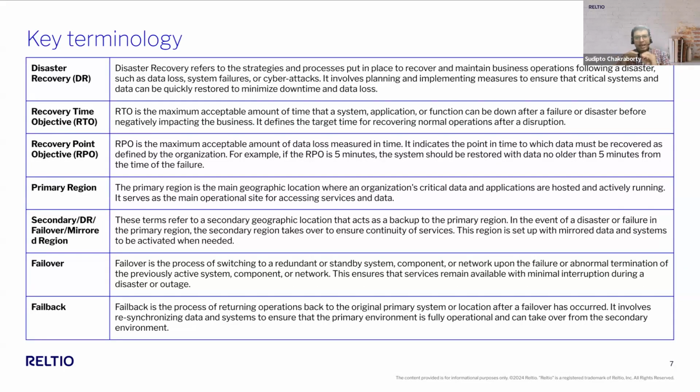Next is the RTO, or the recovery time objective. This is the maximum acceptable downtime for your system after a failure. Okay, maximum acceptable downtime, right? So it's a target for how quickly you need to recover the normal operations. For example, an RTO of 1 hour means you aim to be up and running again within 60 minutes of an outage.